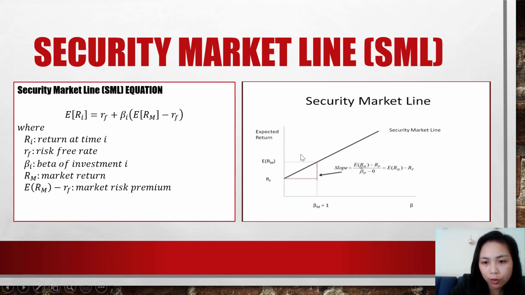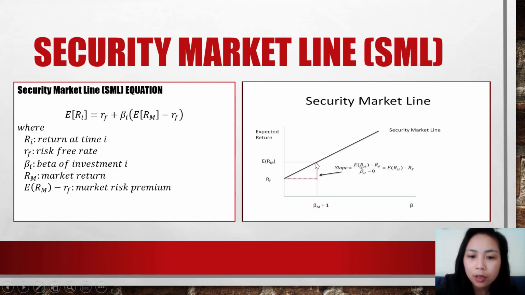The second way to look at the slope is when you look at the security market line on the coordinate system, we consider this right triangle in the red color. You see that? So the slope here is rise over run, right? The rise here is expected return of the market minus the risk-free rate.